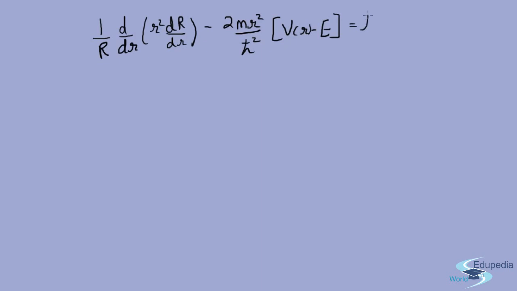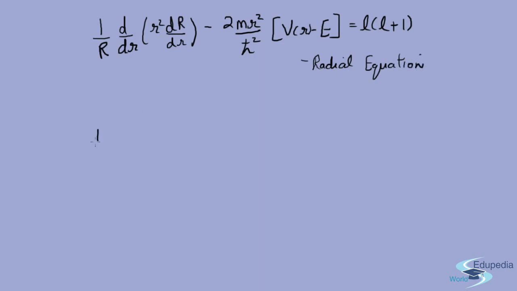Now it's just a function of r, so we only need d by dr, r squared dR by dr minus 2m r squared by h bar squared, V of r minus E. This is equal to L into L plus 1. This is the radial equation.